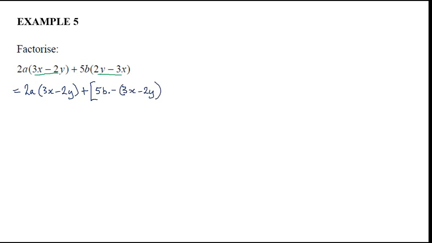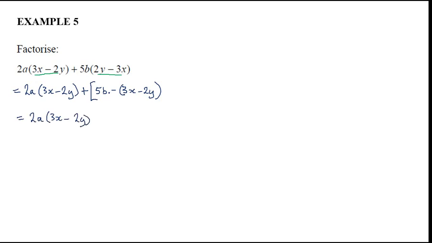Now what we know from our normal algebra, if you're adding something that's a negative, you end up with a negative sign in here. So that's going to be 2a by 3x minus 2y.